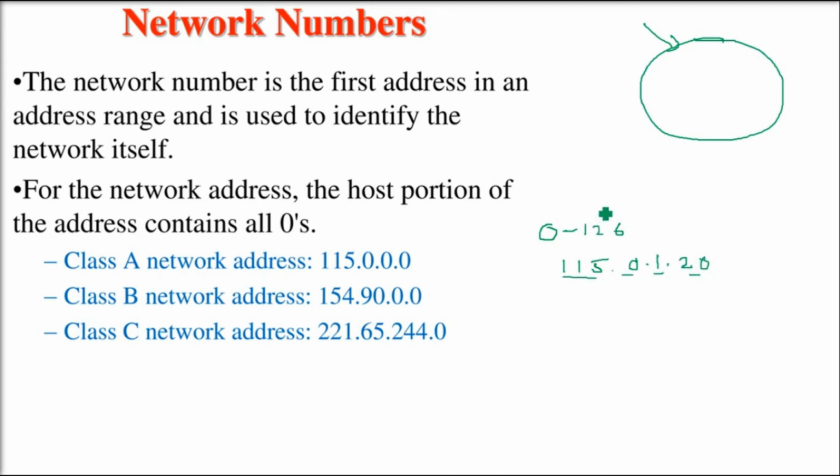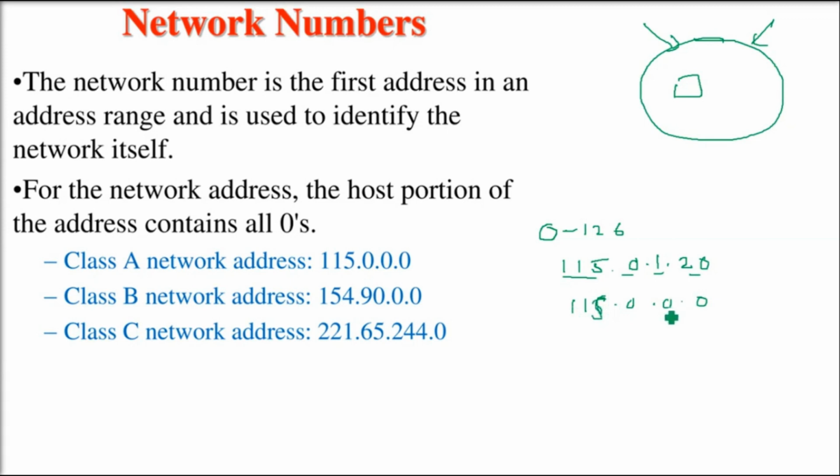115.0.0.120 is any host in this network. But what about the network itself? I want the network ID of this network. There has to be a very specific representation to identify the network, because everything starts with a network. So the network ID of this network is 115.0.0.0.